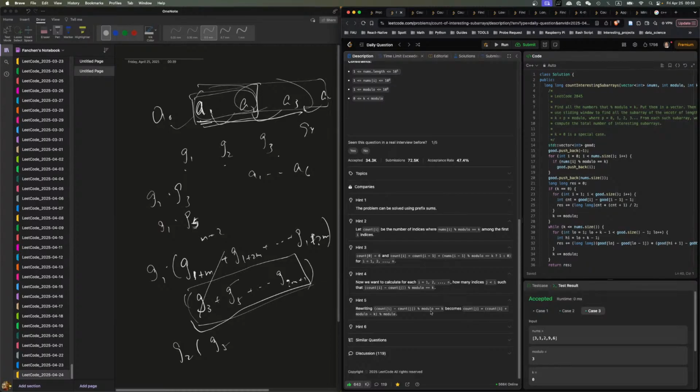And then we use a counter for this. Sum up all the map.